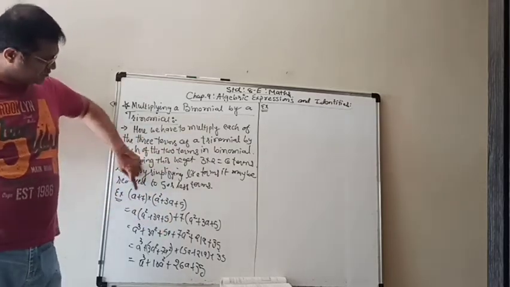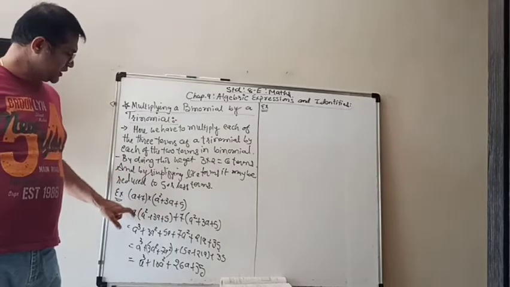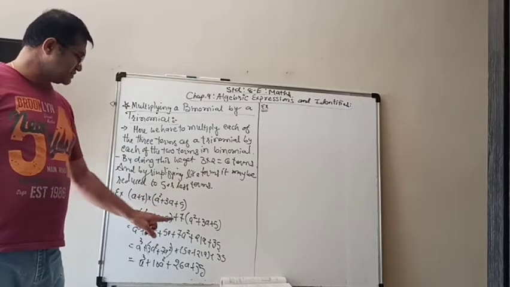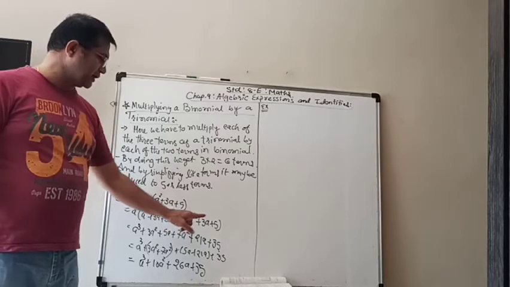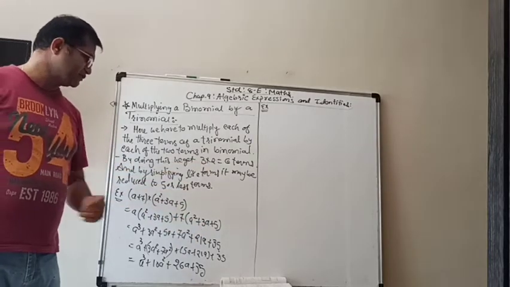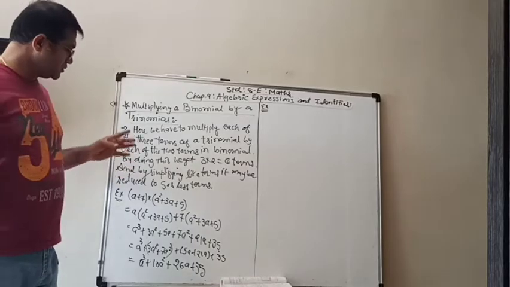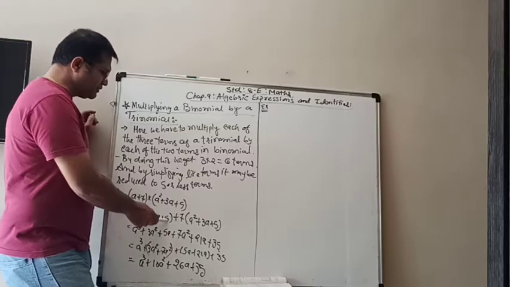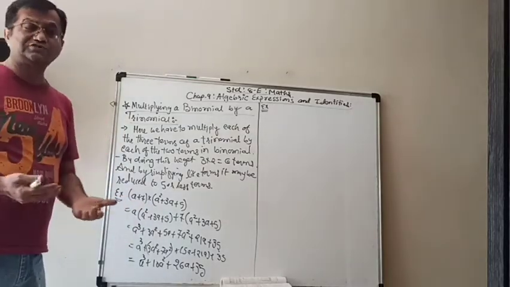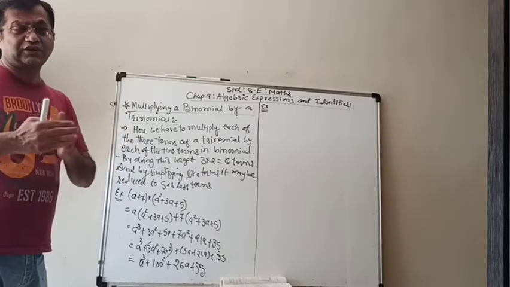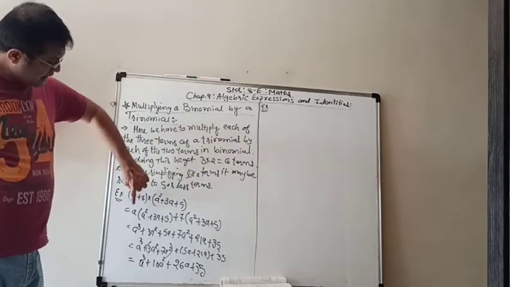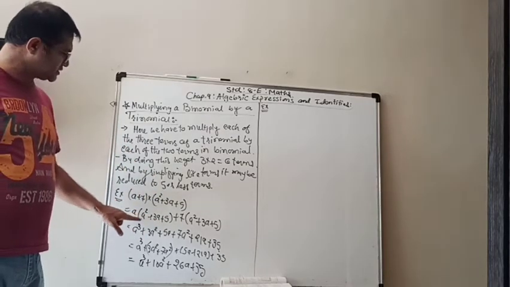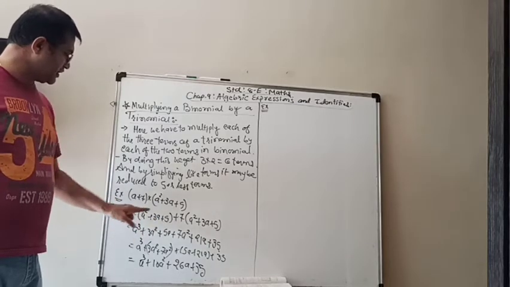Now, as we did, the first term a is multiplied by the whole second bracket, a square + 3a + 5, plus 7 again multiplied by the whole bracket a square + 3a + 5. As we did monomial with the trinomial, a will be multiplied with all of them. You need not write them down separately, because otherwise it will be very long, so you can directly multiply. a into a square is a cube, plus a into 3a means 3a square, plus a into 5 means 5a.